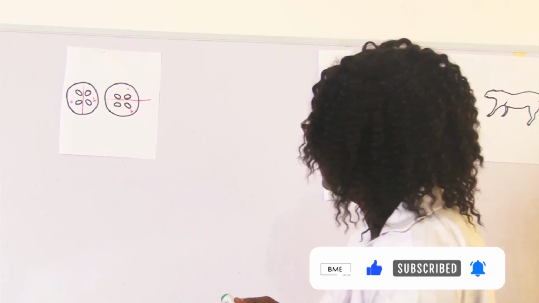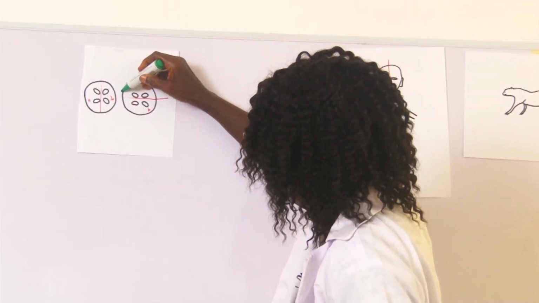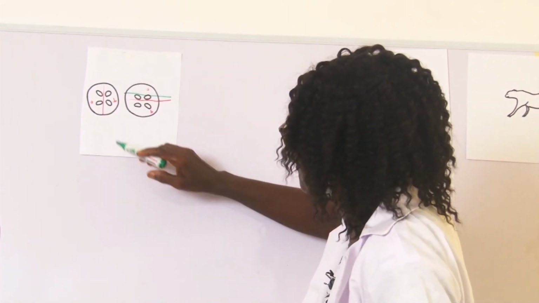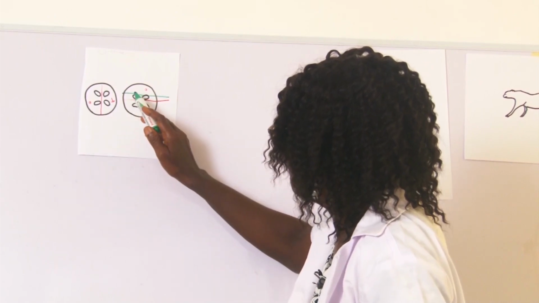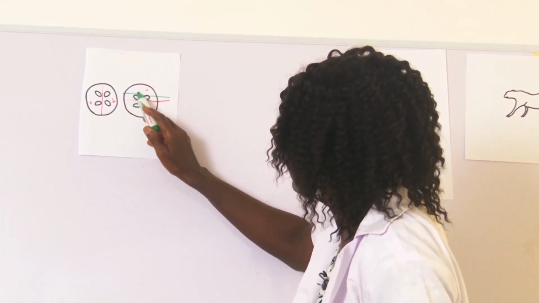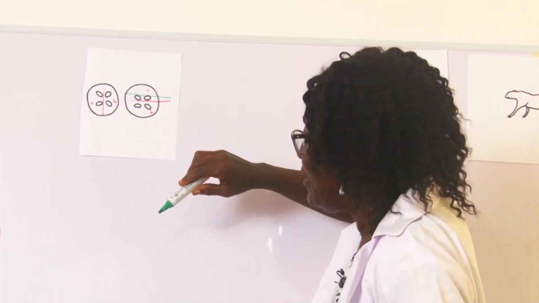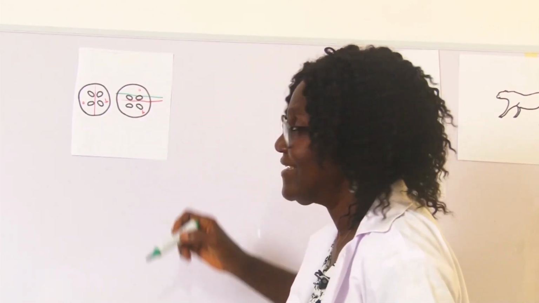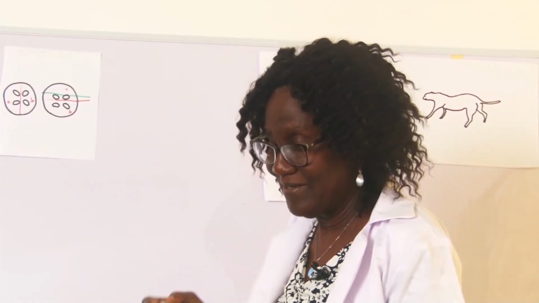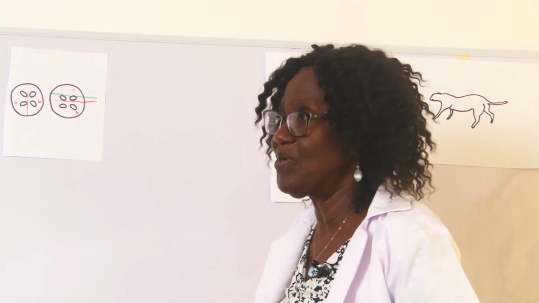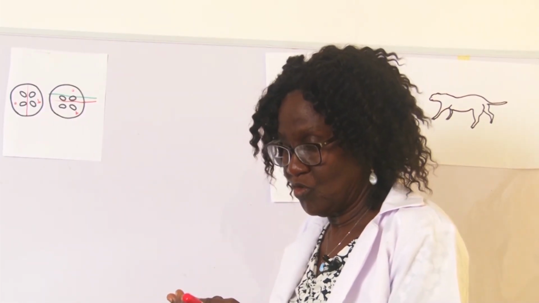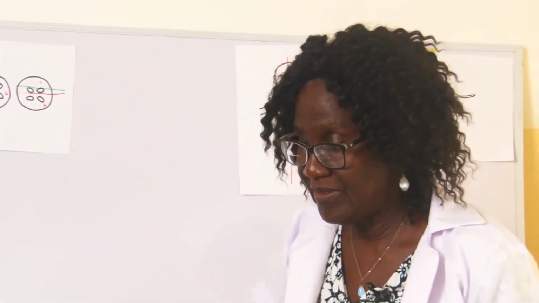If instead of cutting along this plane, we cut around here, which is not through the diameter, we may not see these structures. But if we cut along the plane, we get to see what we want to see. So knowing the symmetry of the organism before sectioning is very, very important.